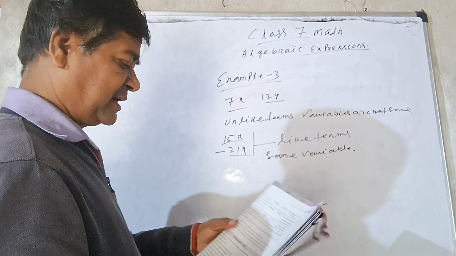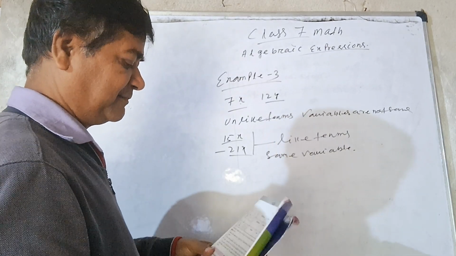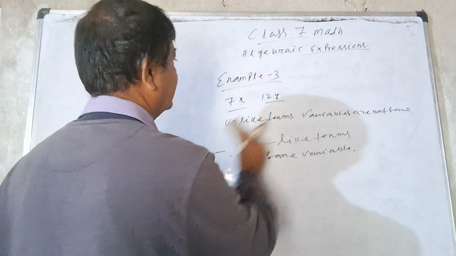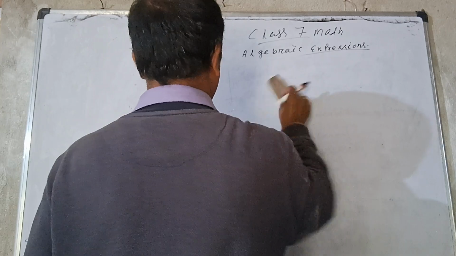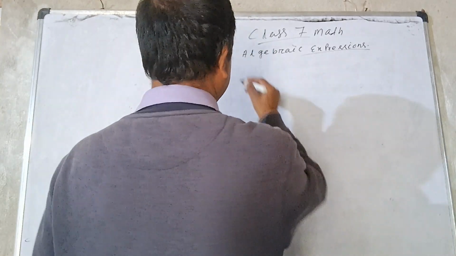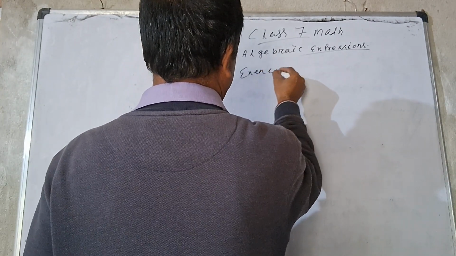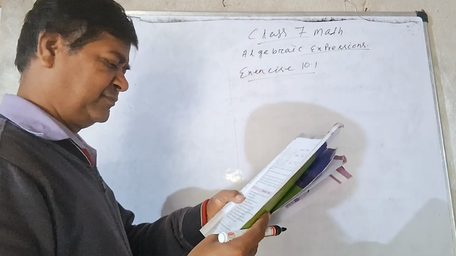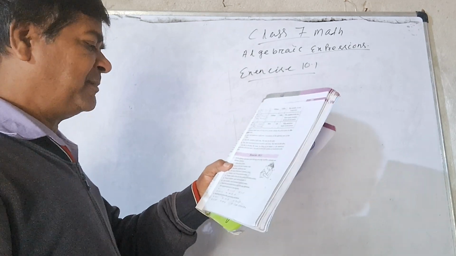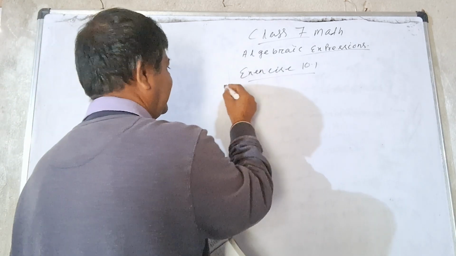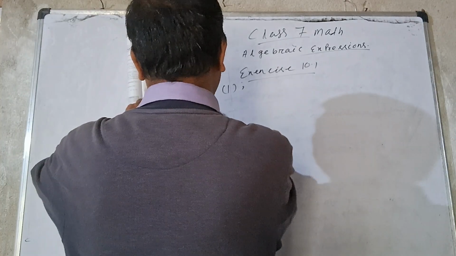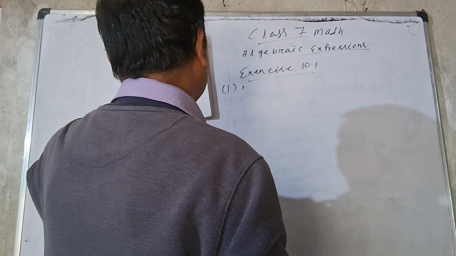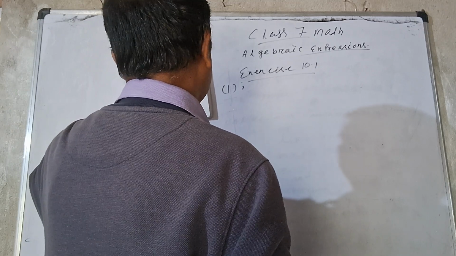Now exercise 10.1, question number 1. Express the following in algebraic expressions using variables and constants.